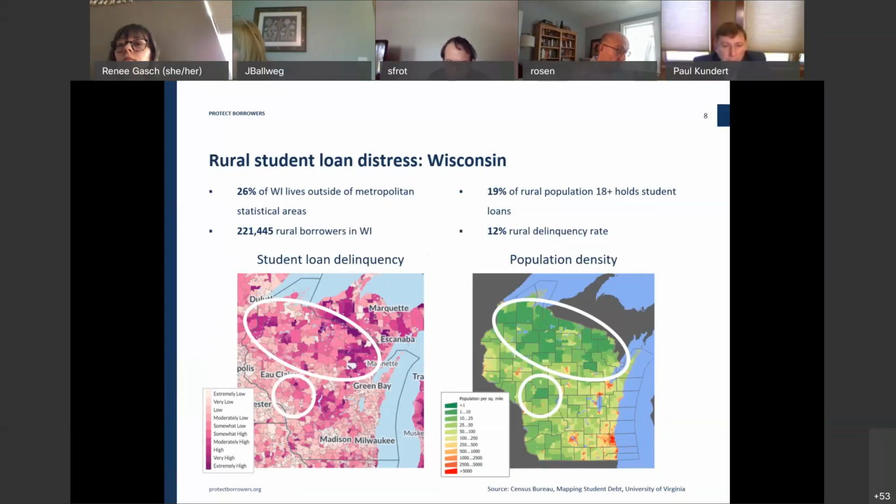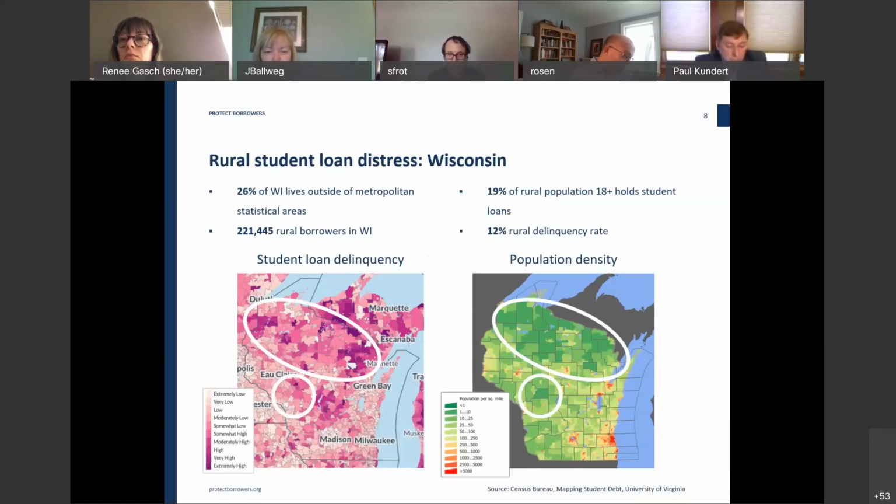There's now starting to be more and more research which shows the significant impact that student debt is having on rural areas. The Federal Reserve Board of DC actually did a study which showed that student debt is actually driving out migration from rural counties. As more and more people take on student debt, they wind up moving out of rural areas. And also the people with student debt who remain in rural areas struggle to a significant extent.